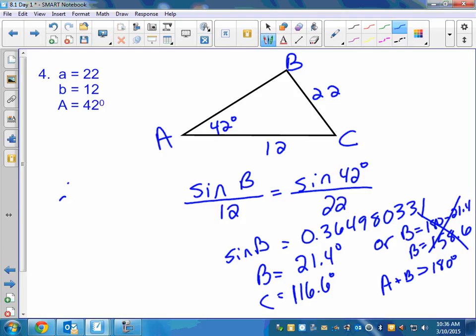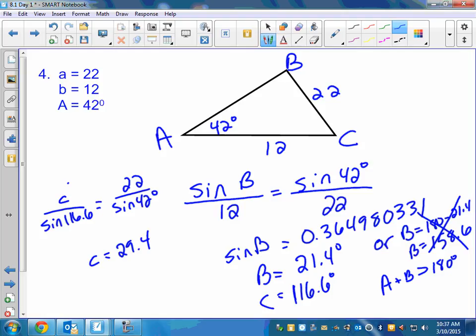And then I can say C over sine of 116.6 equals 22 over sine of 42. Since you have multiple answers on these, make sure you label them, like C or A or whatever, so that you don't just have random numbers on your paper not identified. I got 29.4. Did you get that? Which makes sense. That should be the biggest side because 116.6 is the biggest angle.